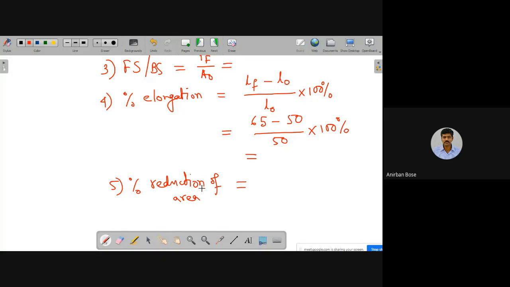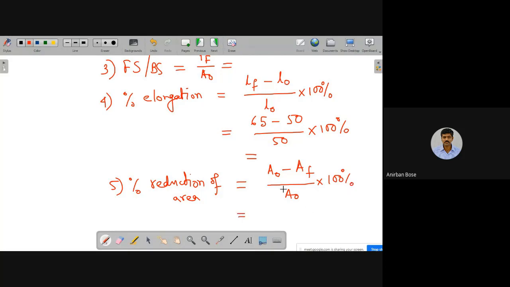So the definition is: initial area, because initial area is more and the final area is less. So A0 minus AF divided by A0, that means the initial area, into 100%. This is the definition of percentage reduction in area.